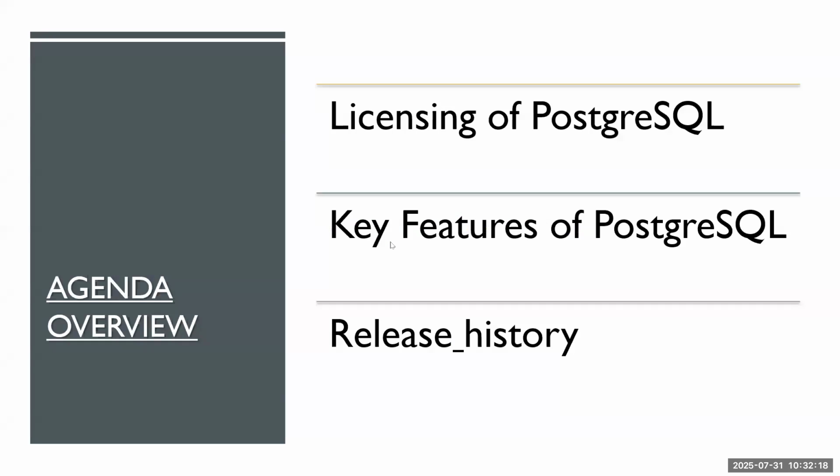So the main agenda today: yesterday, unfortunately, we did not take much time, so I need to cover a little more stuff before I move into the core technical part of Postgres. Today we are going to discuss licensing of Postgres, key features of Postgres, the release history of Postgres, and a little about EDB, the enterprise database as well.